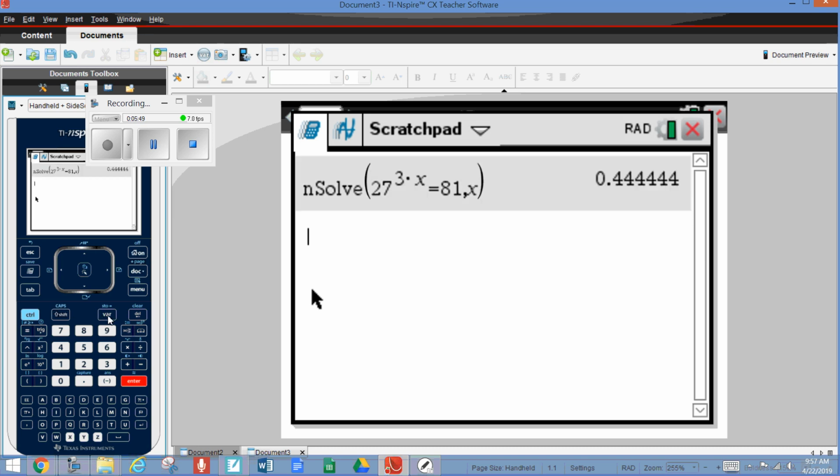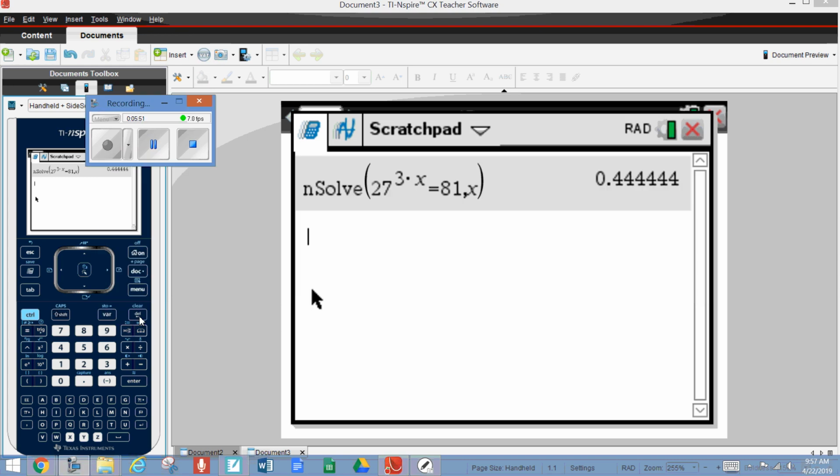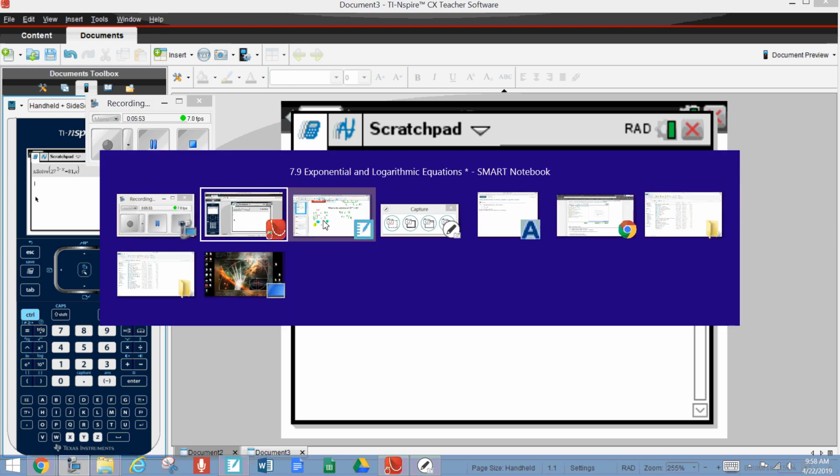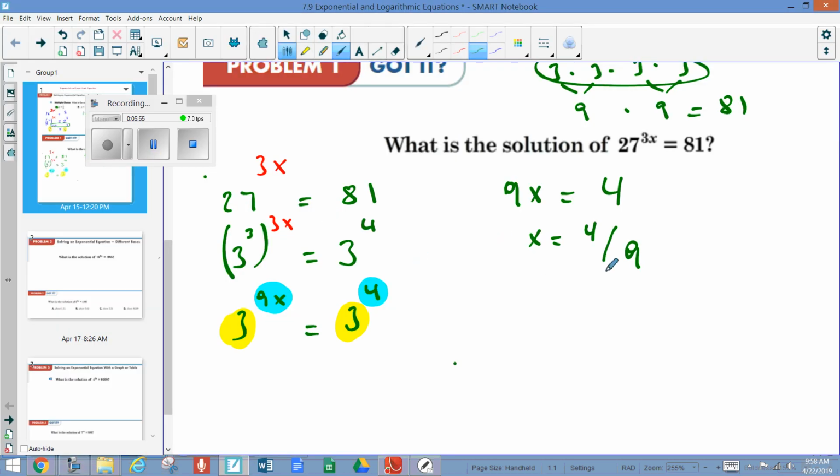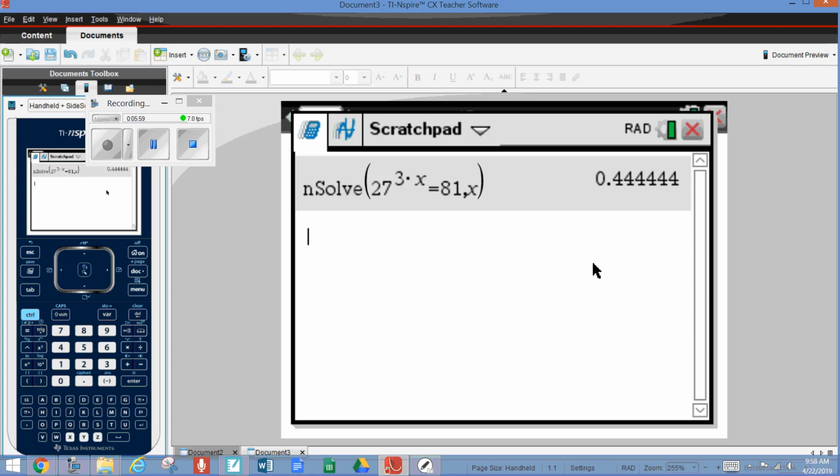Oh, it works. 0.444444. So 0.4, that means 4 over 9. 4 divided by 9, control enter. So what we got is correct.